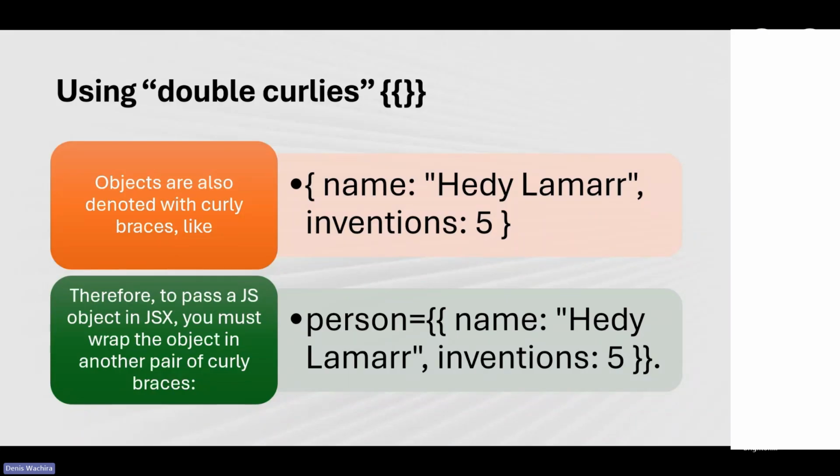So the curly braces, even if you are returning an object in your JSX, you will need to double the curly braces. So the first curly braces will indicate it is JSX code. Then the second curly braces will indicate it is an object. Remember, an object should have curly braces. That is why you need to pass the double curly braces to indicate JSX and also an object at the same time.